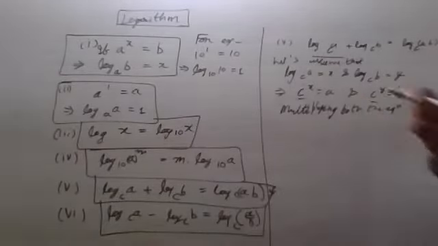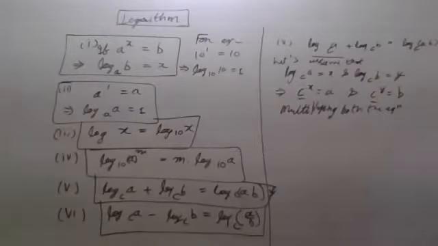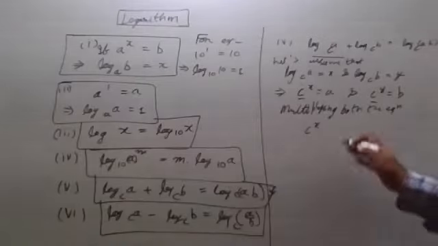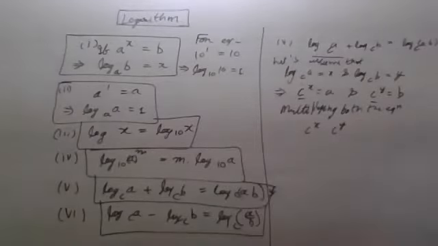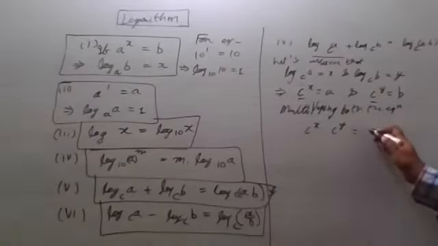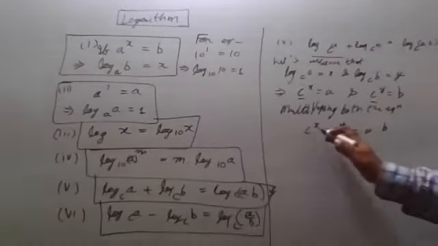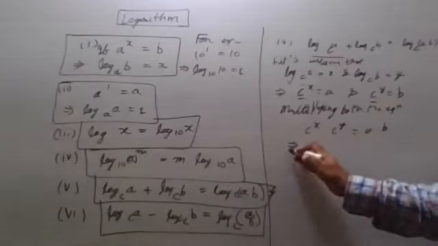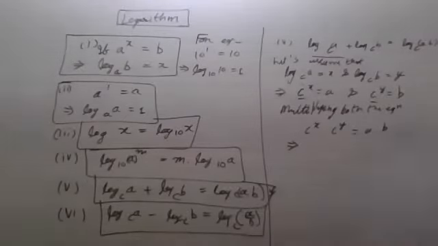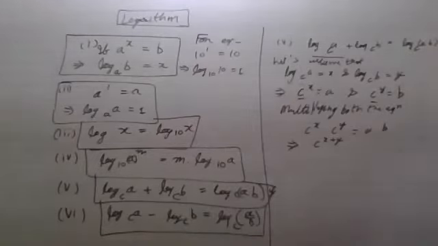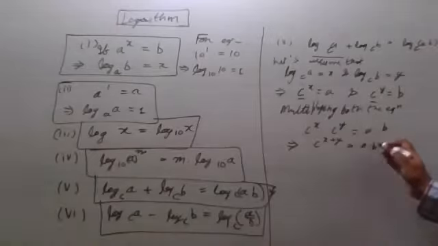Whenever equal to is written, it is the equation only. So if you multiply those two equations, c to the power x into c to the power y equals what? ab. Multiply left hand side and the right hand side also. Now c to the power x into c to the power y will produce c to the power x plus y. These powers will be added. C to the power x plus y equals ab.